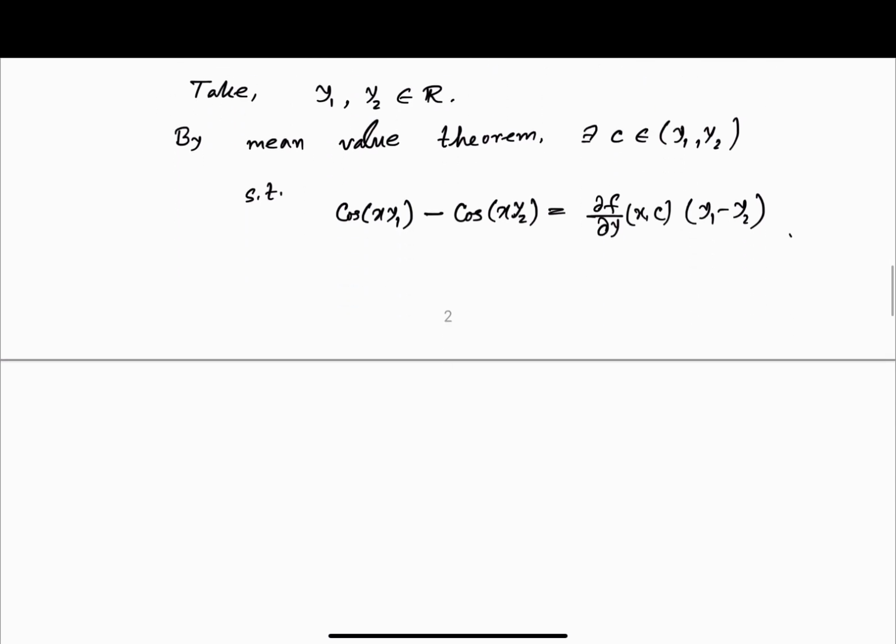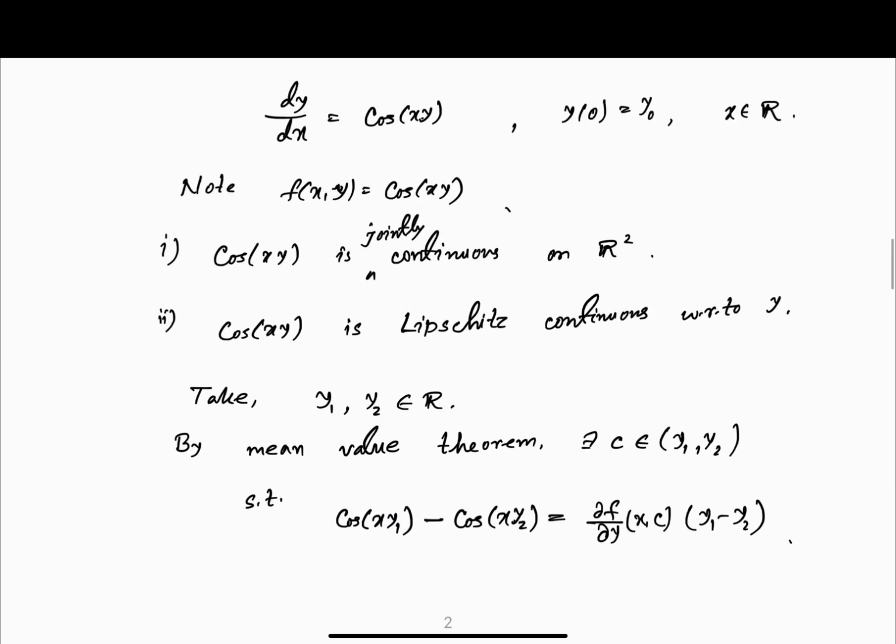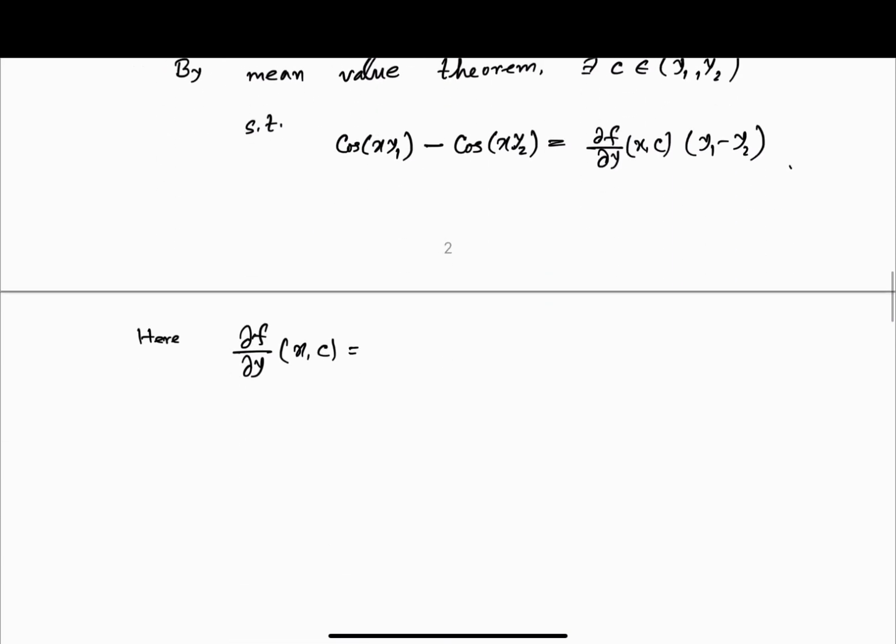And what is del f by del y at the point (x, c)? It will be the derivative of cos of xy, so it will be minus x sin xy at the point (x, c). Therefore it is minus x sin cx.